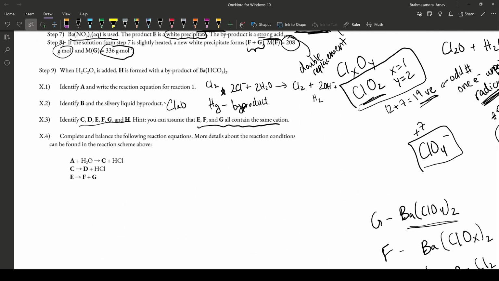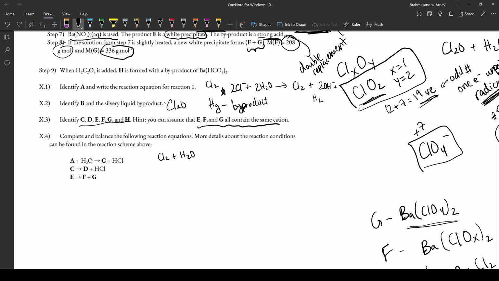Complete and balance the following reaction equations. This is not difficult because we've just solved for all of the compounds. We just have to do mass balance at this point, which is pretty easy. A is Cl2 plus H2O, right?